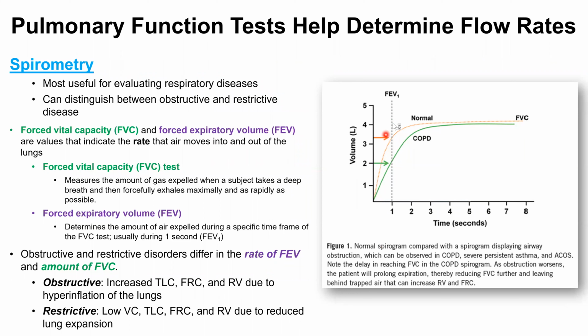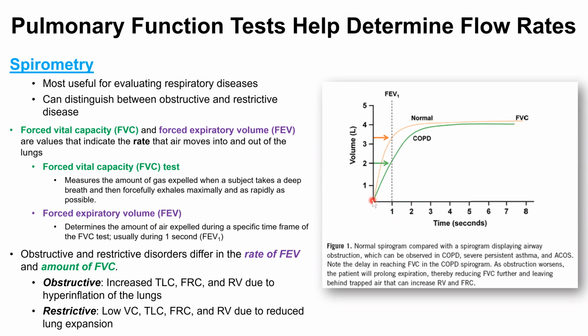The orange line you see is a normal spirogram, and this section that's going up would be amount over time, right? So this normal healthy lung person blew out about 3.2 liters in 1 second, okay?